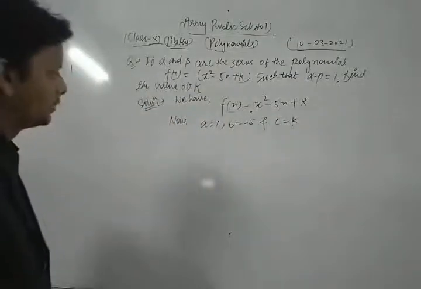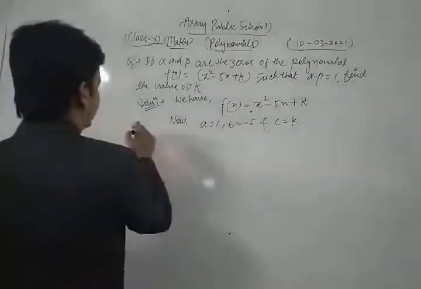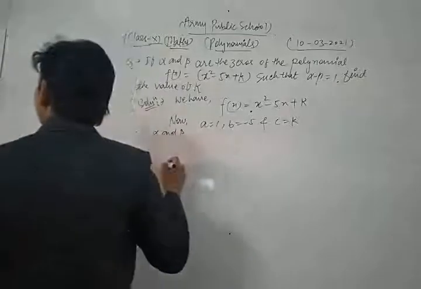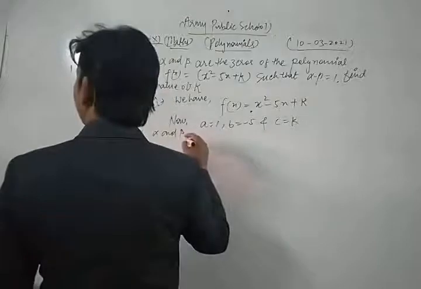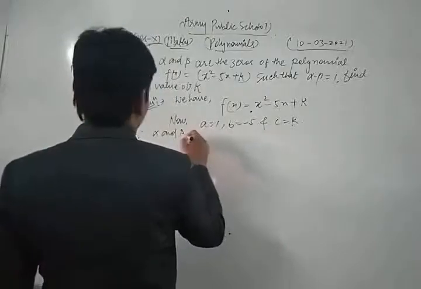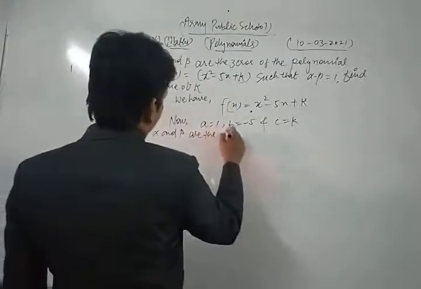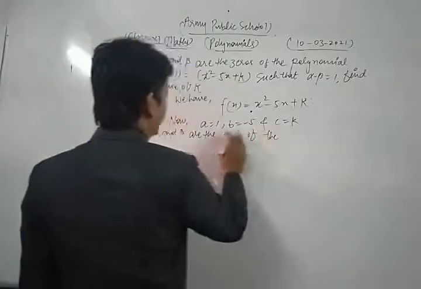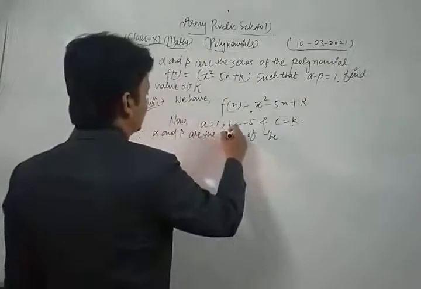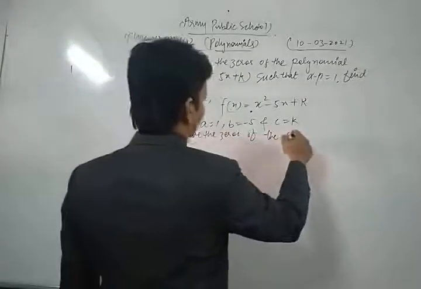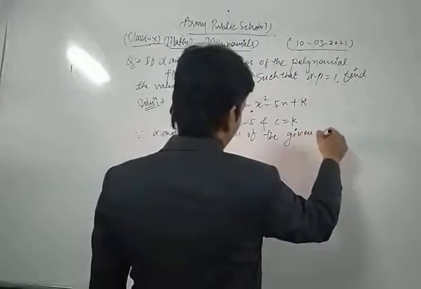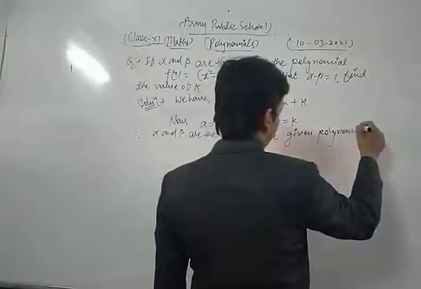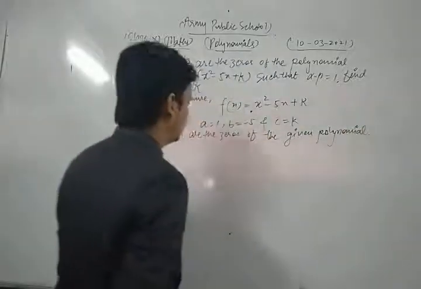Okay, on comparing, since alpha and beta are the zeros of the given polynomial.